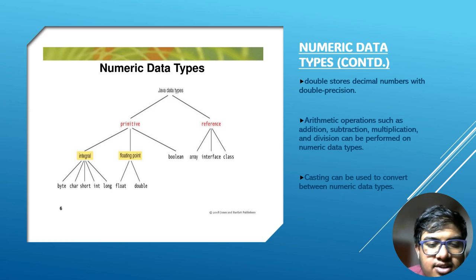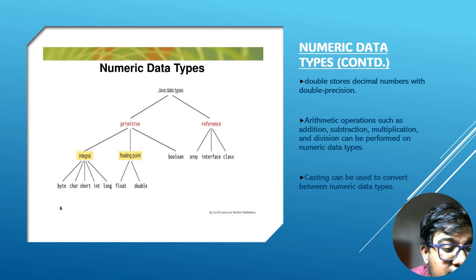These numeric data types are used with arithmetic operators, so arithmetic operations such as addition, subtraction, multiplication and division can be performed on them. Even casting can be used to convert a data type from one type to another. You can see the given picture here, which defines the different types of data we have.